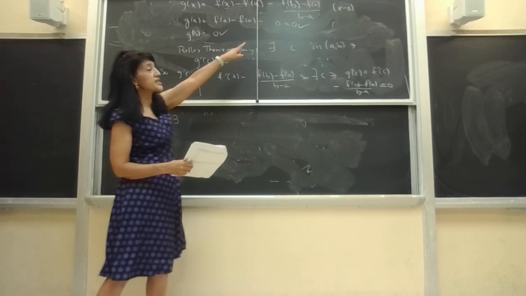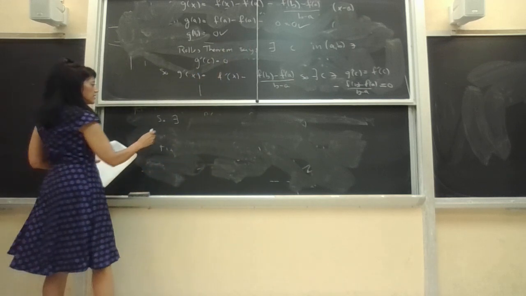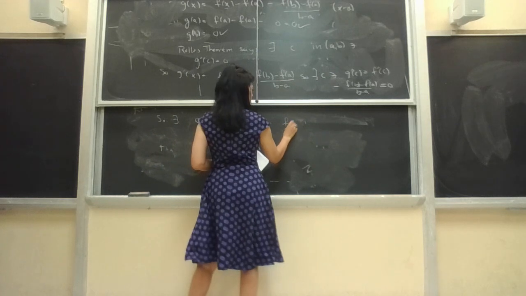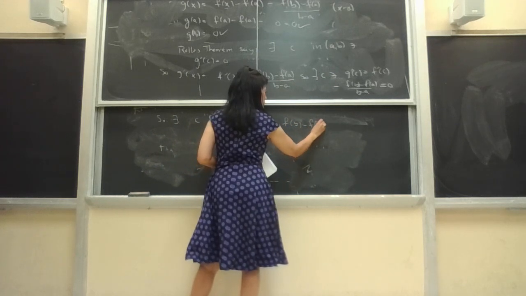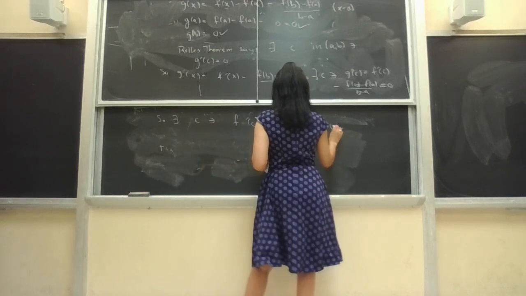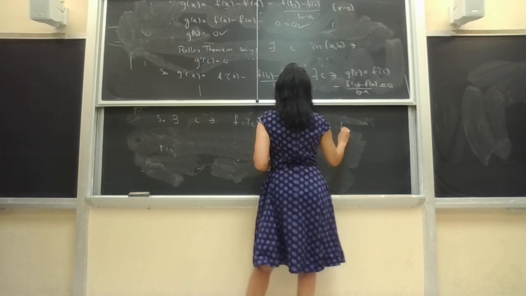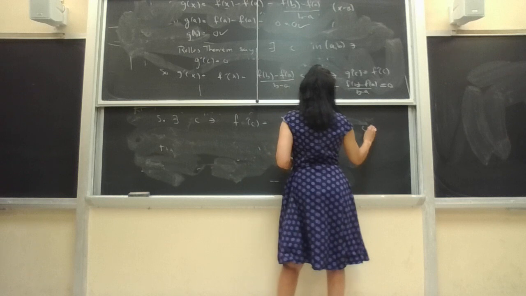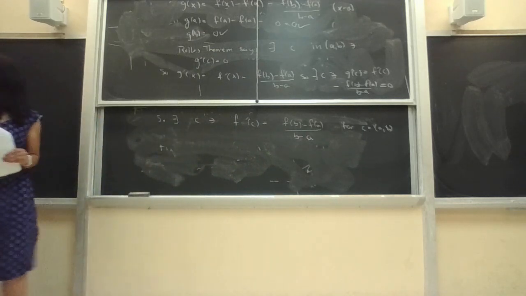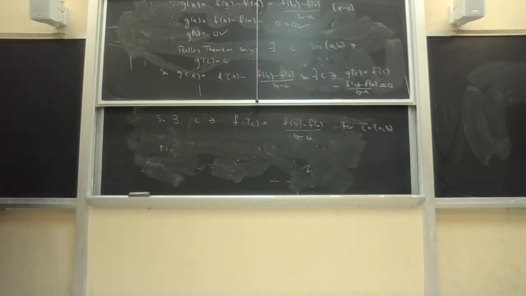Yeah, that's just a constant, it's the slope of the secant line. Pretty slick. It's tricky, right?